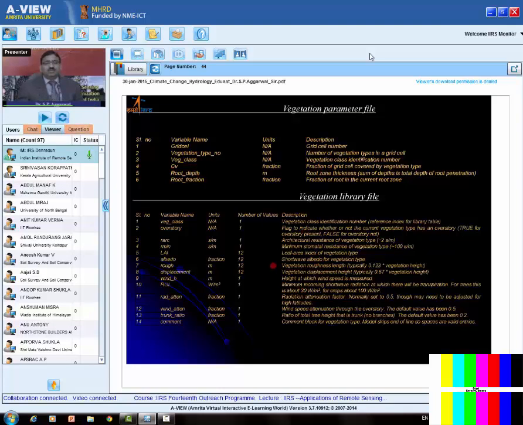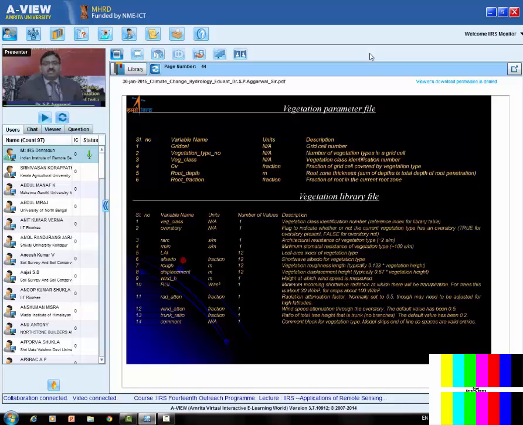So this information you have to provide. CV means fraction. You need not worry about this font because there are listings of various parameters. But if you are interested, you can go to the website, search for the Variable Infiltration Capacity model in Google, and you will get all this information.